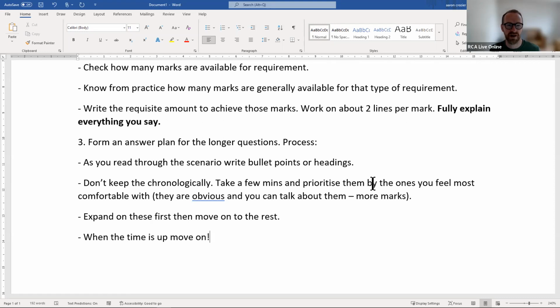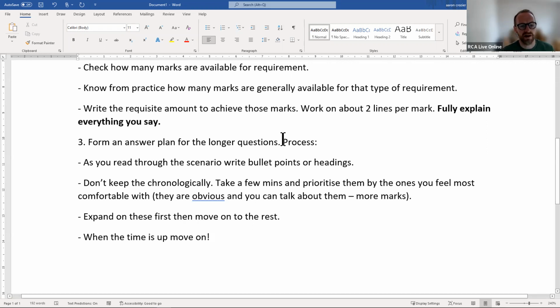There's nothing you can do about it. Either it went well or it went badly. Doesn't matter. You've got another question to do now. So you've got to just put it out of your mind. And that sort of rising panic, the worrying about what's happened in the previous questions, you've got to find a way to not think of it that way. Focus on the next question, prioritize that, and then just keep going.